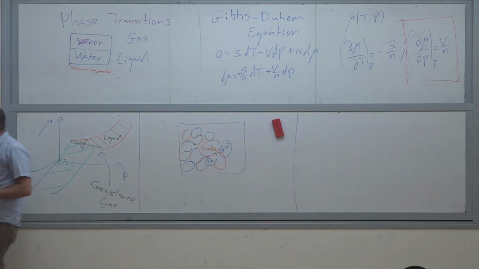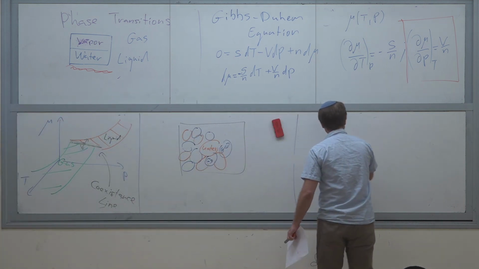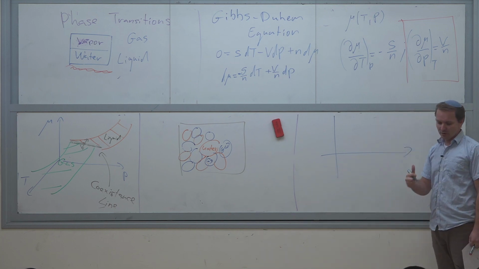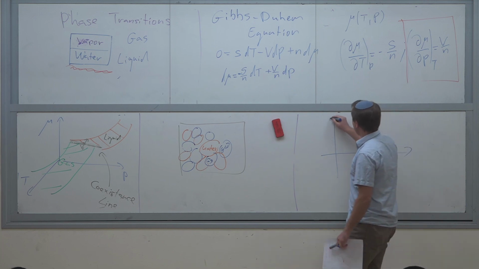Okay, so what else do I want to say about it? Now, when we look at the phases, let's assume that we have only one type of molecule, so we're describing liquid or gas.